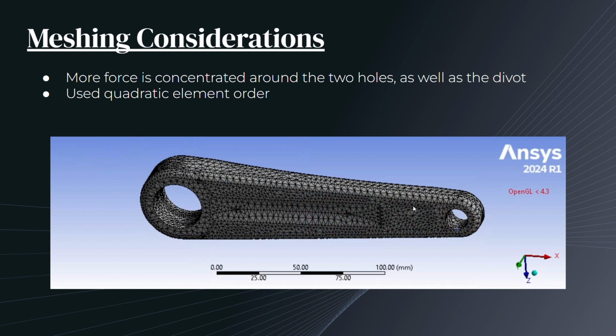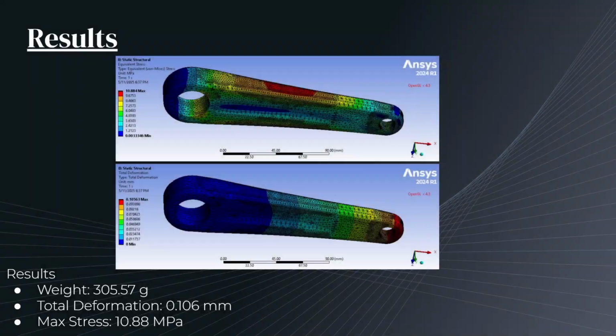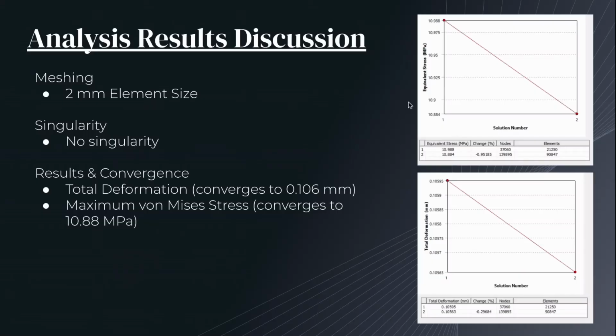For our initial results, we had a weight of around 305 grams with a total deformation of about 0.1 millimeters and a maximum stress of 10.88 megapascals. For our analysis, we used a mesh of 2 millimeters so that we could get accurate results.